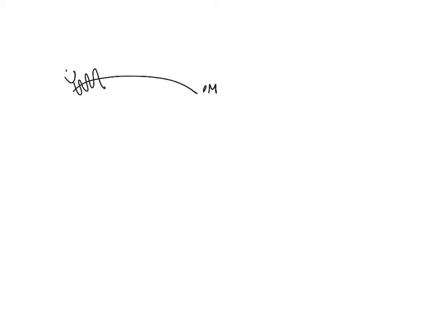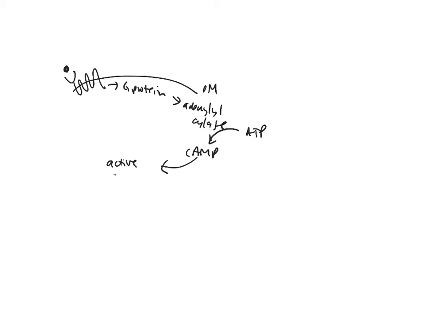And basically here we've got adrenaline binding to the adrenergic receptor and activating the G protein, which then activates adenylyl cyclase that uses ATP and converts it into cyclic AMP, which can then go over and activate PKA. PKA will phosphorylate the phosphorylase kinase.